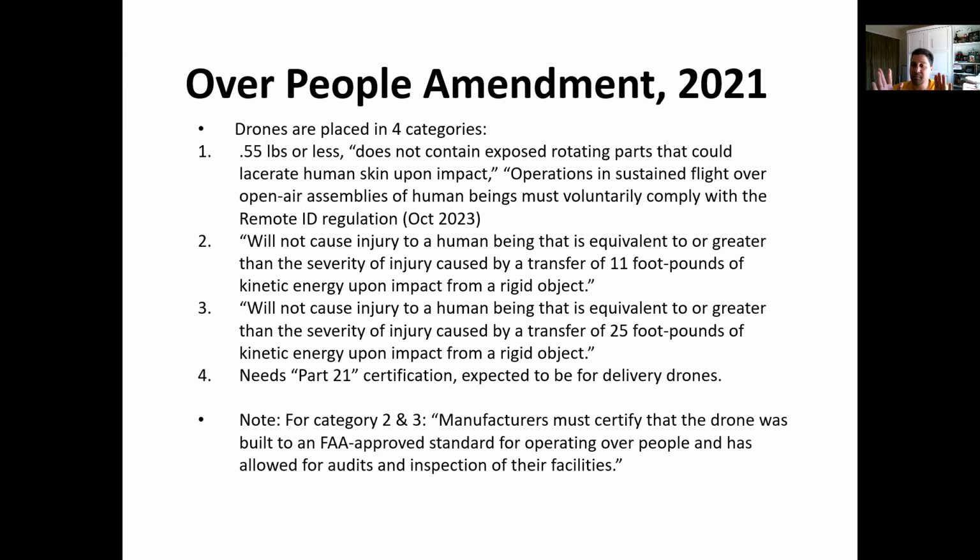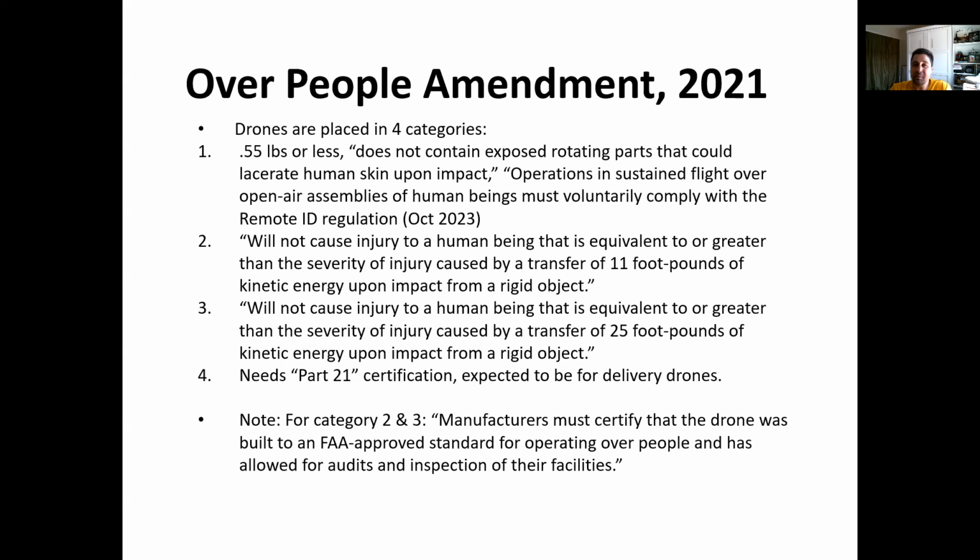Anyways, yeah, that's essentially what that's saying: if you have a very, very small drone that's less than 250 grams, you can fly over people as long as you have what are known as prop guards, that's what you're supposed to do. Or the other way that I'm interpreting this is that the props are not strong enough to lacerate someone's skin, meaning that they won't cut you.